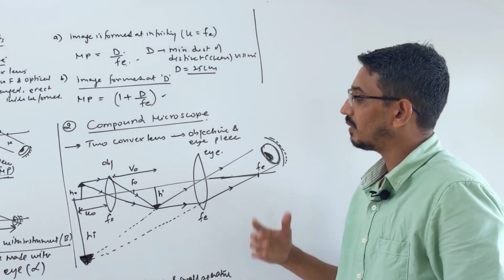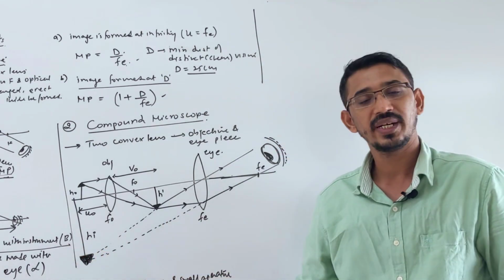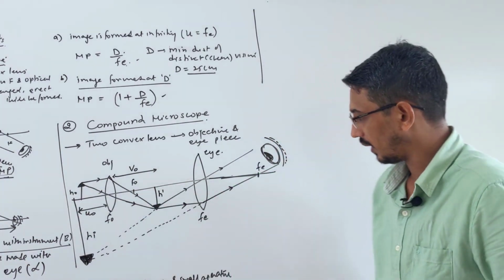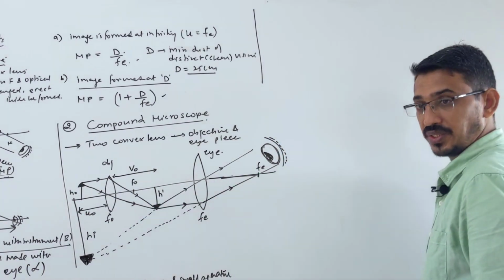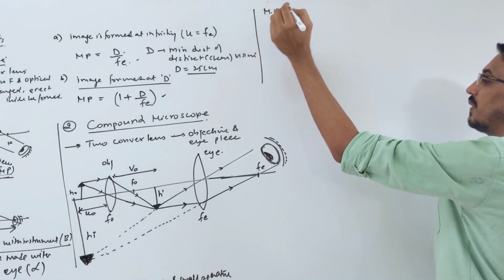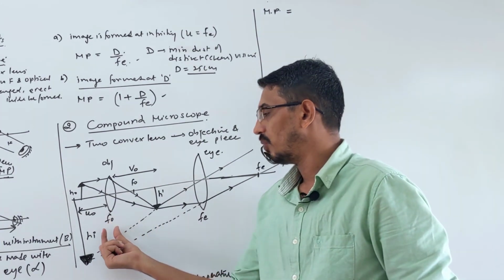Generally, two cases are discussed: the final image is formed either at the distance of vision or at infinity. Then you write the formula again. First look here at how you define magnification. The magnifying power M. Here we have two lenses, objective lens and eyepiece.